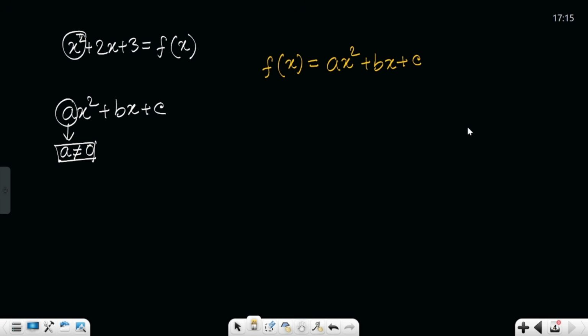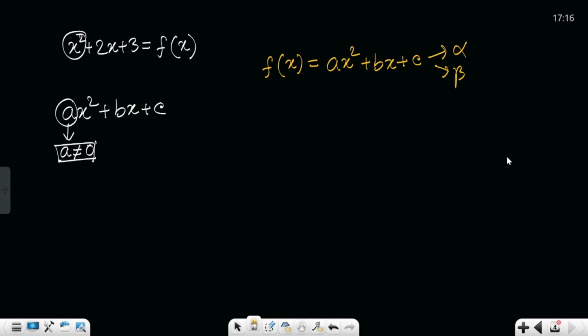Now you can see that the highest power here is 2, so there will be two roots, alpha and beta. You can say that alpha and beta are the zeros of f(x), or if there is an equation ax squared plus bx plus c equal to 0, alpha and beta are the roots, or the solutions, of that equation.